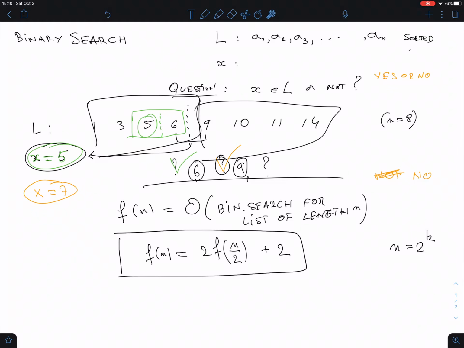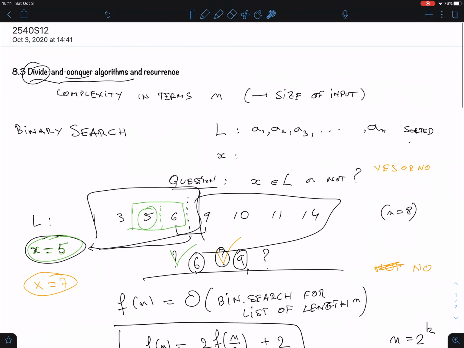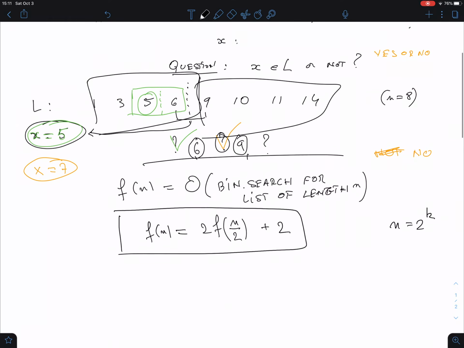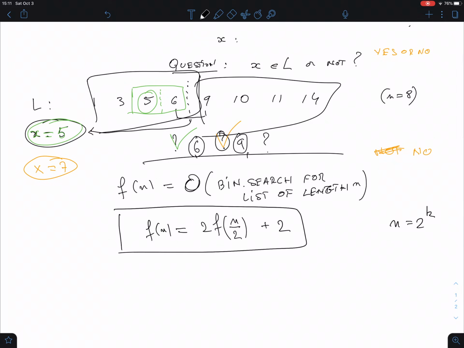In the textbook they actually give a solution for this particular one, but I'm going to ignore all that. We are interested not in the actual solutions but in the complexity. Now remember, complexity, that is the big O, right? I already used the big O notation here.